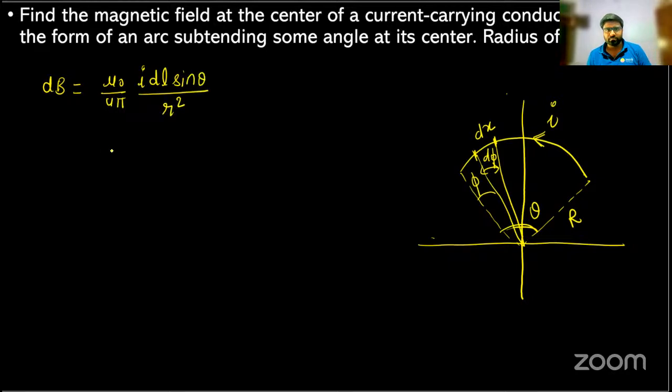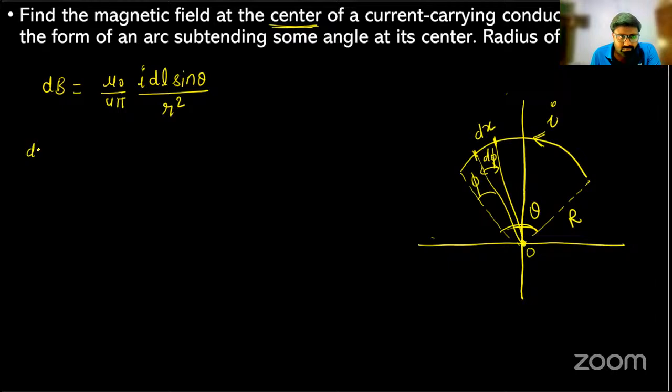This is all we know. Now look here, what is the distance small r? Small r is capital R, because this dx element is at capital R distance from this point. We want to know the magnetic field at the center. So if you see at this point, this is the center. The distance of this dx element from the center is capital R.